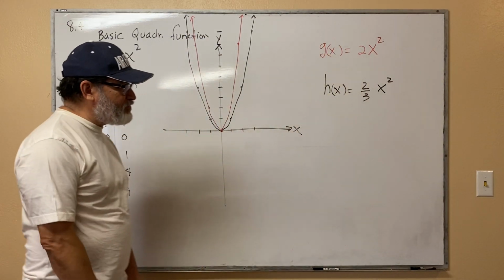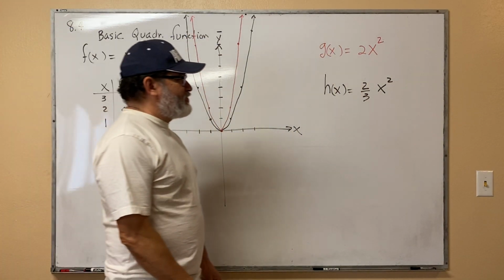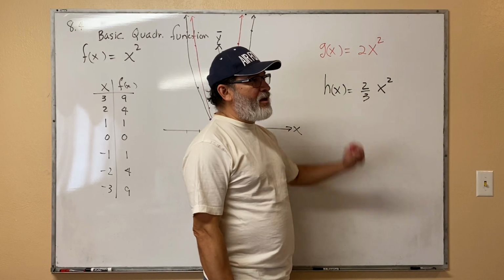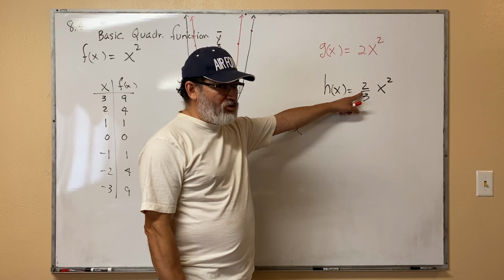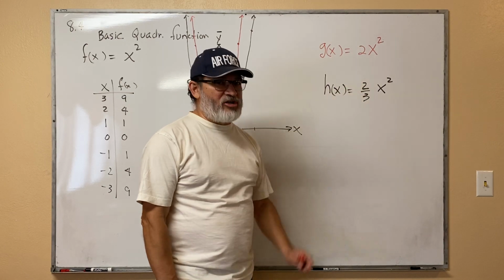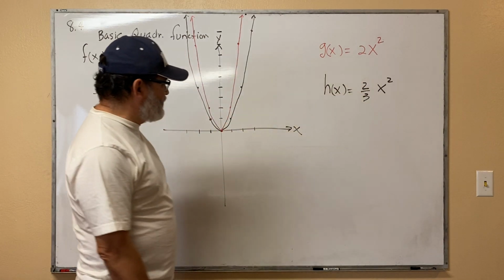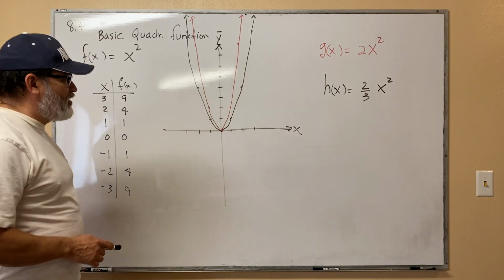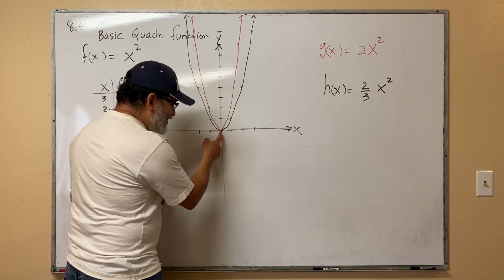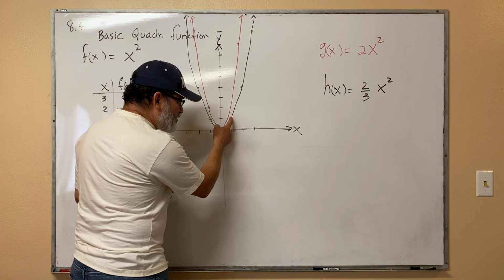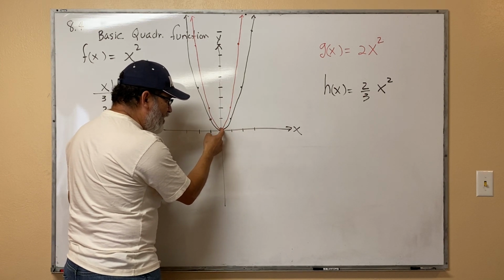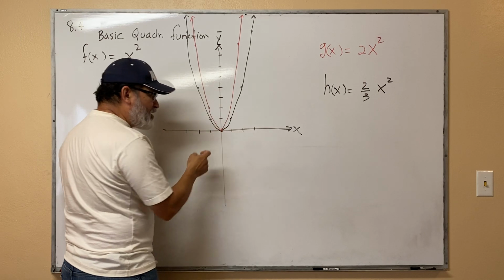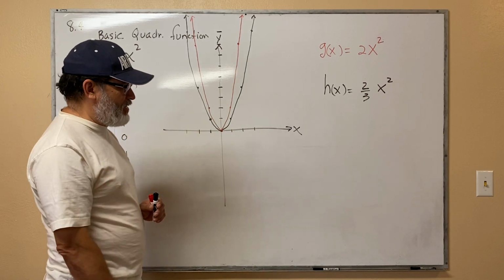Okay? So this is the basic parabola multiplied by 2/3. Don't forget, the basic parabola is the black graph, the original. That's the basic parabola.